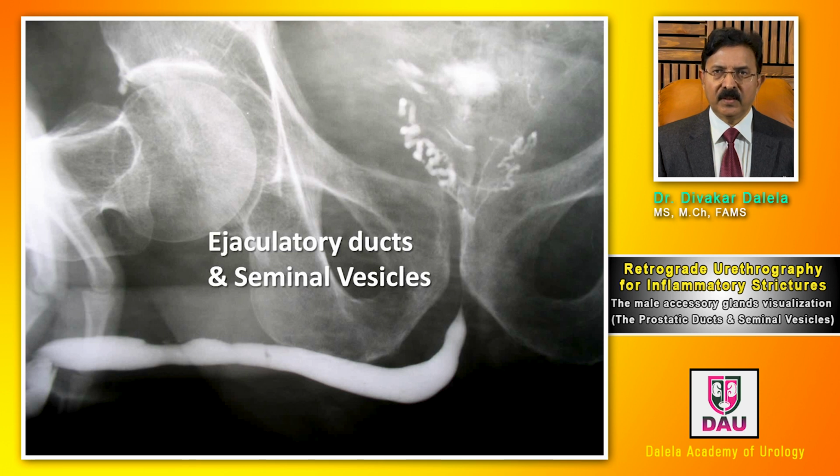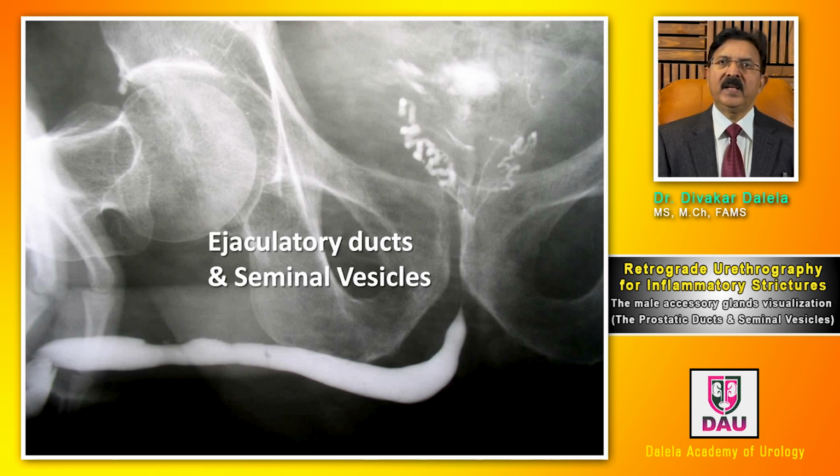Here is a patient of stricture urethra in the pendulous urethra, and then you see these two structures by the side of the prostate going behind the urinary bladder. This is the typical appearance of the refluxing ejaculatory duct and contrast refluxing into seminal vesicles.